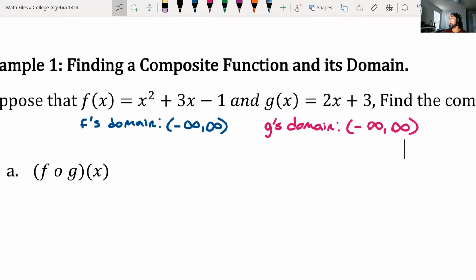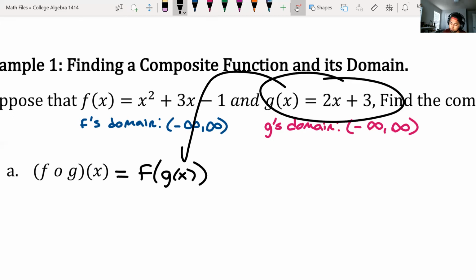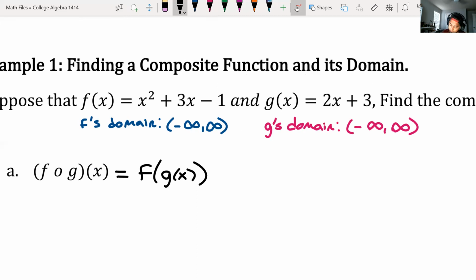Now we want to do the composition f composed g of x. So we write it just as it was above. F composed g of x means f of g of x. What we're going to do now is take g of x and plug it into the parentheses first. So we're going to have f of g of x, which is 2x plus 3. We just make that quick substitution.